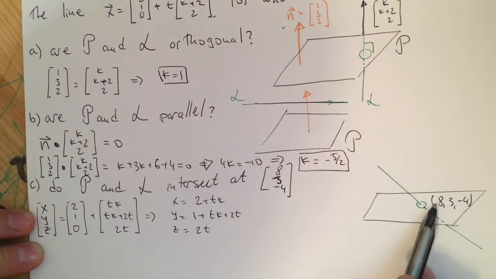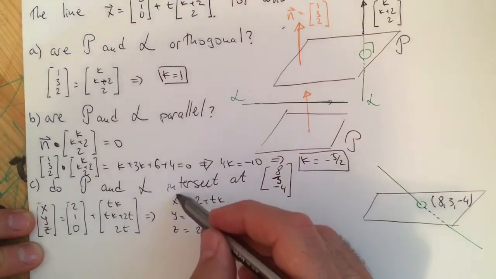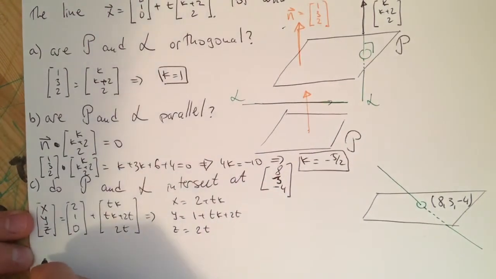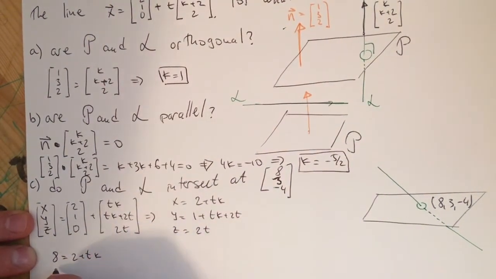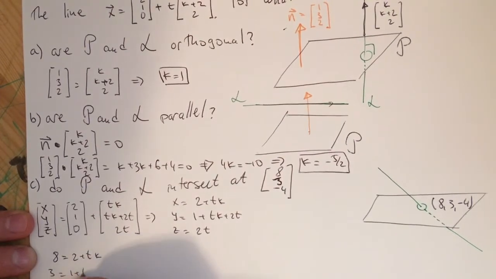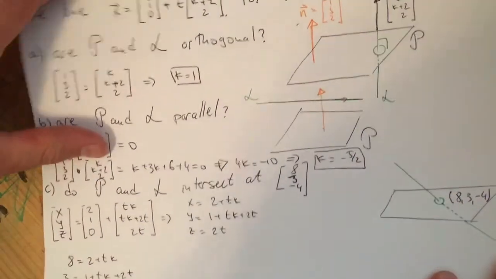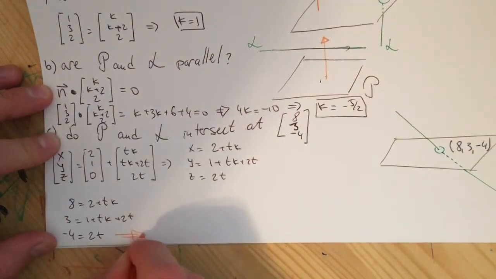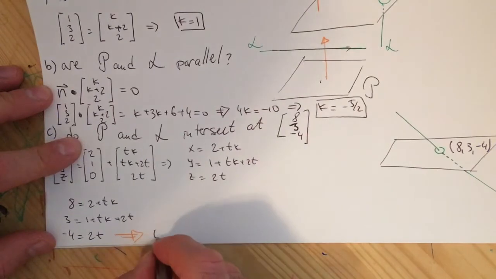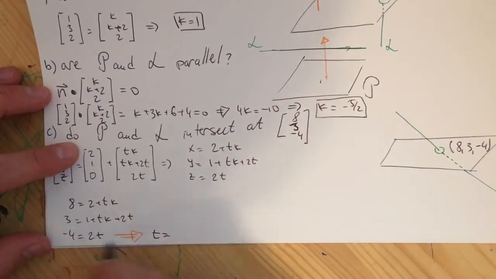So let's plug this x, y, and z here for the appropriate x, y, and z, and we get 8 is equal to 2 plus tk, 3 is equal to 1 plus tk plus 2t, and negative 4 is equal to 2t. Well, from the last equation, right away I have my answer for how much t is. t is equal to negative 2.